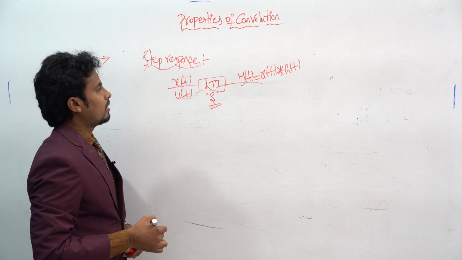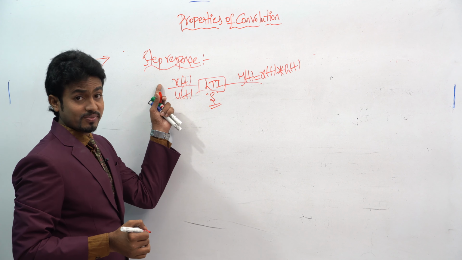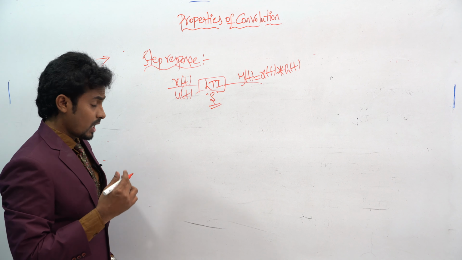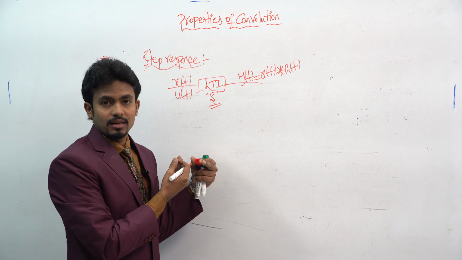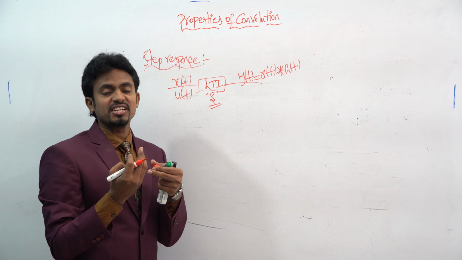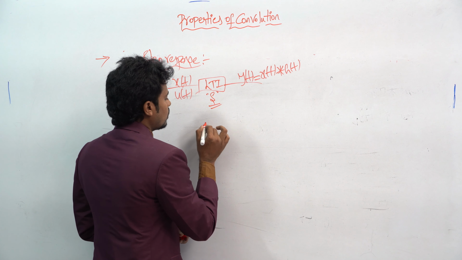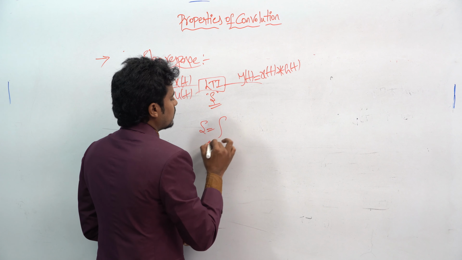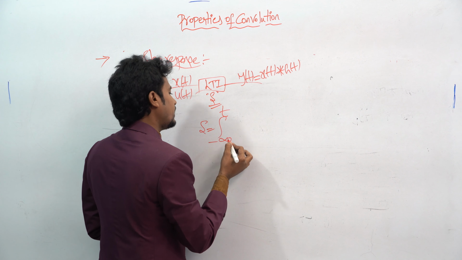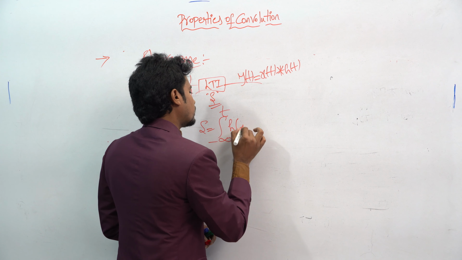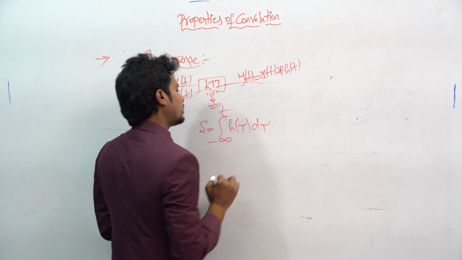For the step response of the convolution, the range runs from minus infinity to t. So s of t is the integral from minus infinity to t of h of tau d tau.